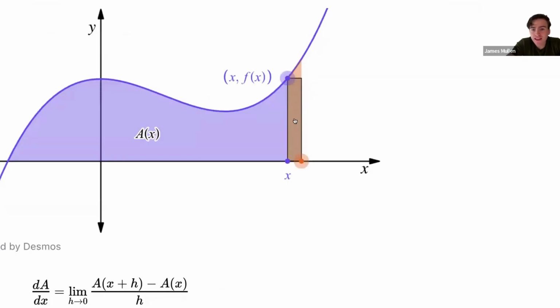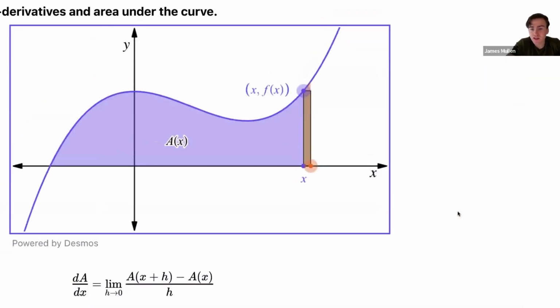And what I've drawn in black is a small rectangle that has the height f of x, and its area is pretty close to the area of the entire orange region. And as I let this difference, h, go to 0, you'll notice that the difference between those two becomes smaller and smaller, and the orange area becomes more and more approximately a rectangle. Okay? And so what does that mean?